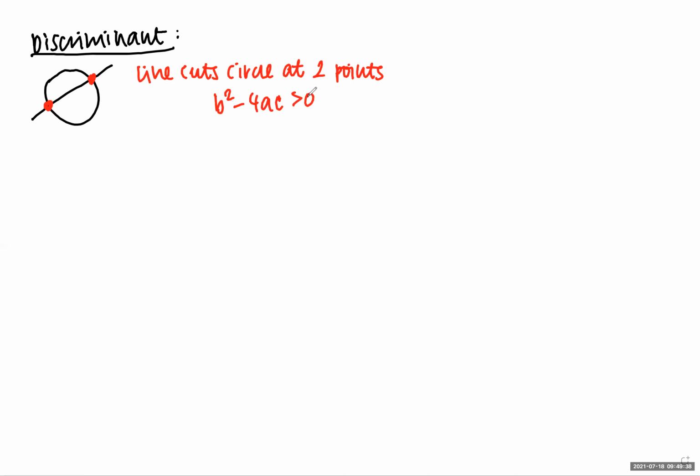Can you see that? So for your notes, all you need to do is take your highlighter, go and highlight the 2 points and then highlight greater than 0. Then highlight the 1 point.